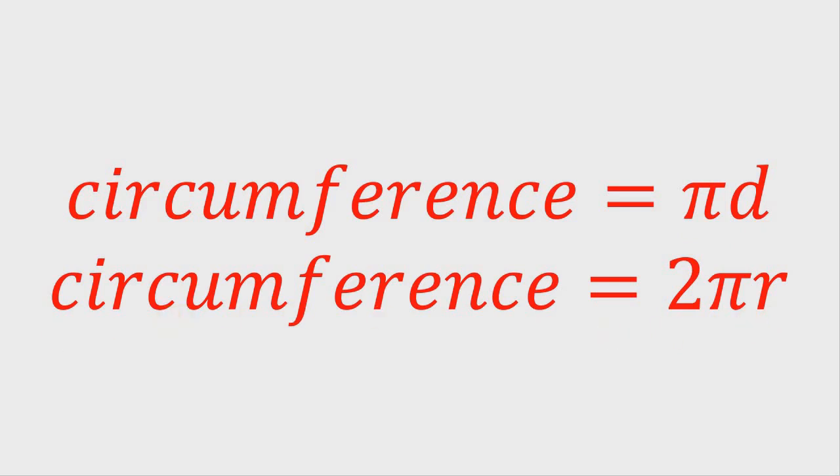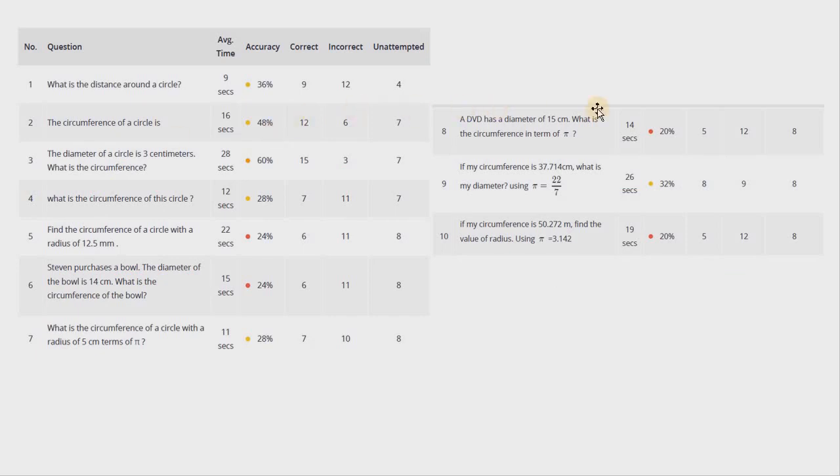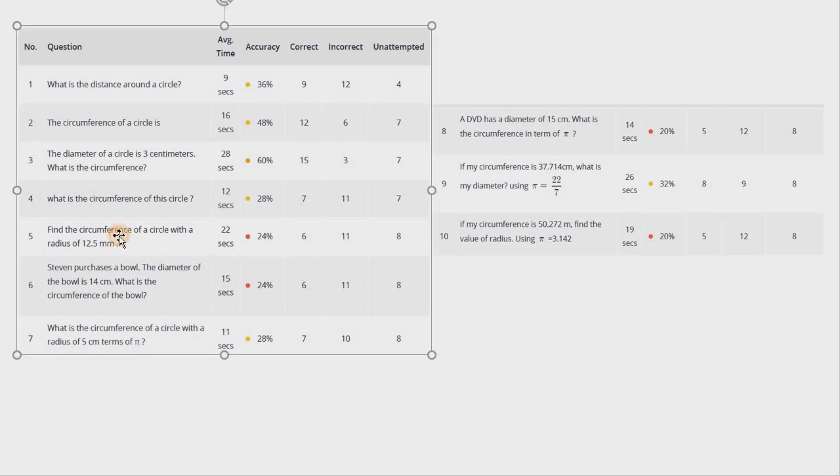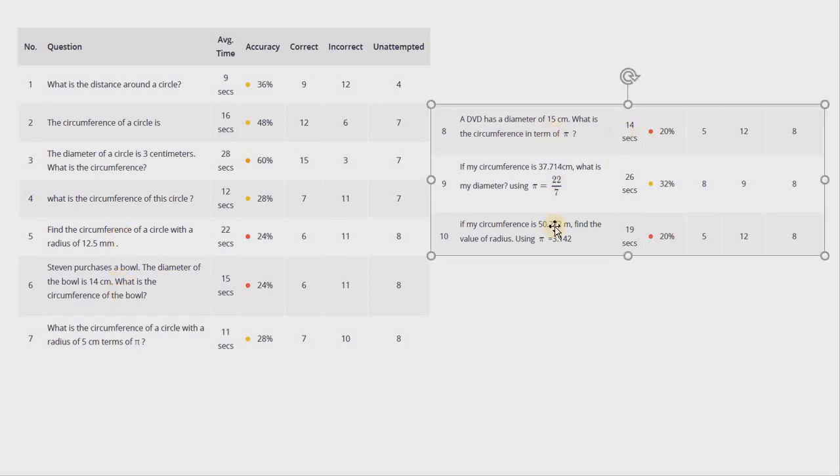Okay, so I will choose some questions from the total of 10 questions. As you see, this is a report I get from Quizy, and you can see very obviously that number 5, number 6, number 8, and number 10 are the questions most of you got wrong. So I want to go through questions 5, 6, 8, and 10.